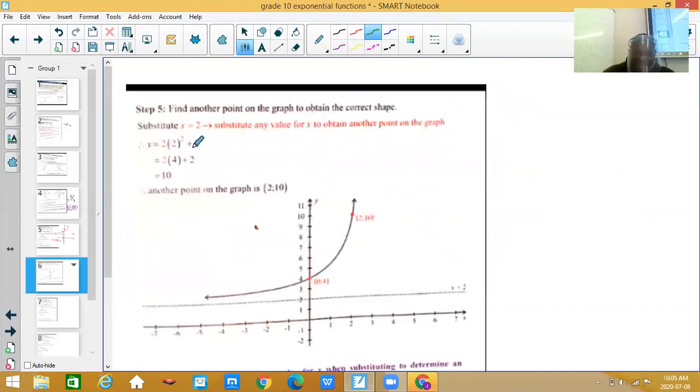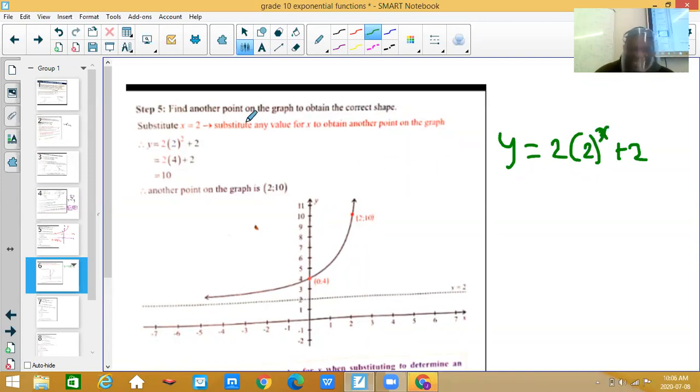Now, step number 5, analyze another point on the graph to obtain the correct shape. Since you are analyzing another point, this is where we had someone asking, are we taking any? We have y equals 2 times 2 to the power x plus 2. Now, in this case, this one is an x, it's not a 2.